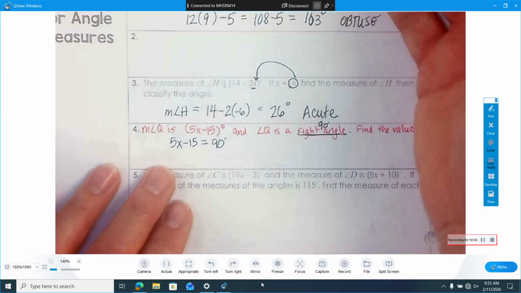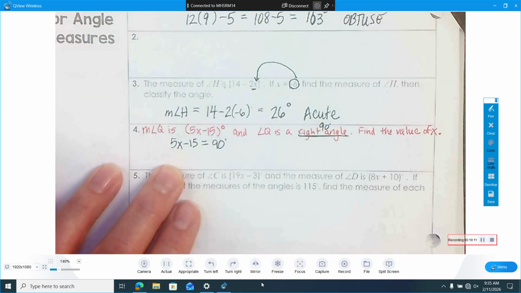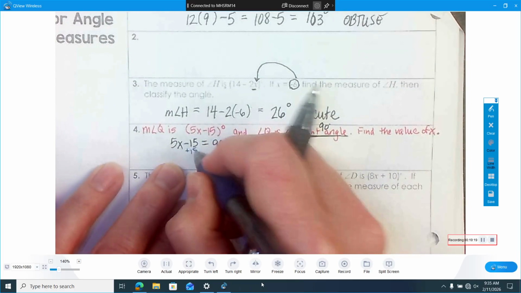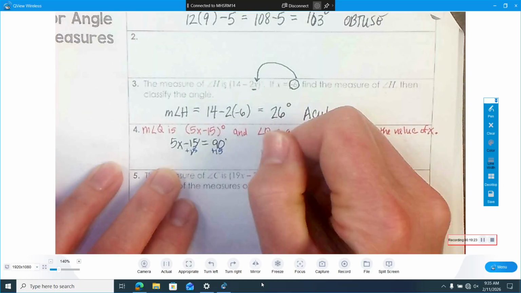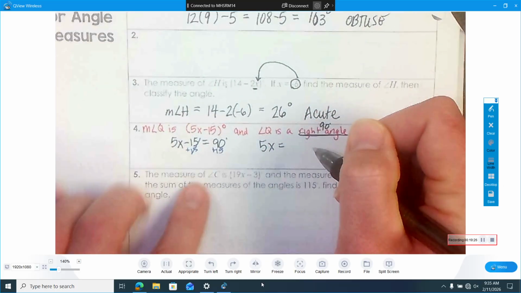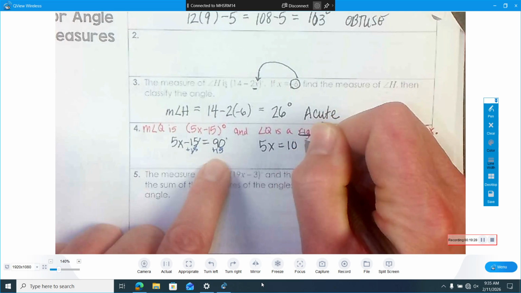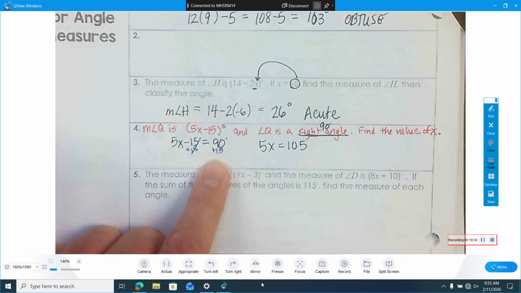Noah, did you have a question? Oh, you already know. Okay, good. So how are we going to solve for x here? What should we do? Add the 15. Alrighty. So I'm going to add 15 and add 15. And so I get 5x equals 105. Okay. And then how do I get x by itself?